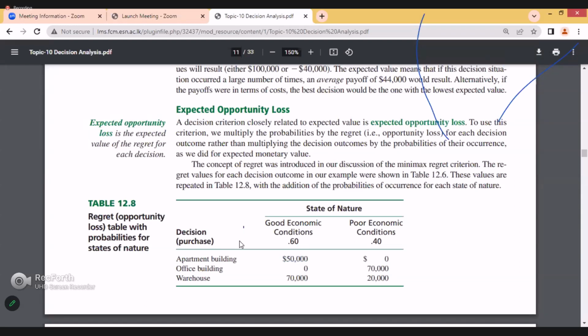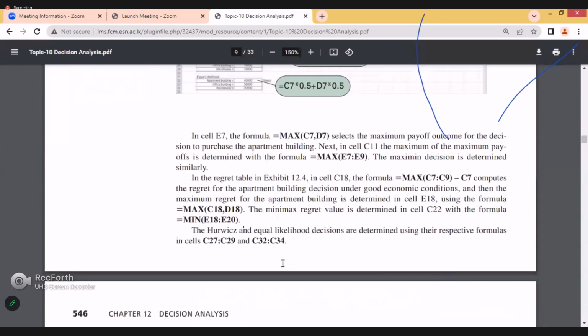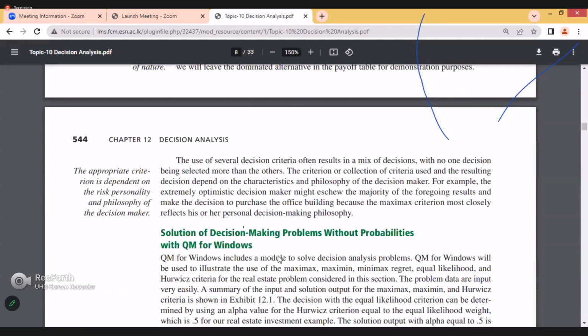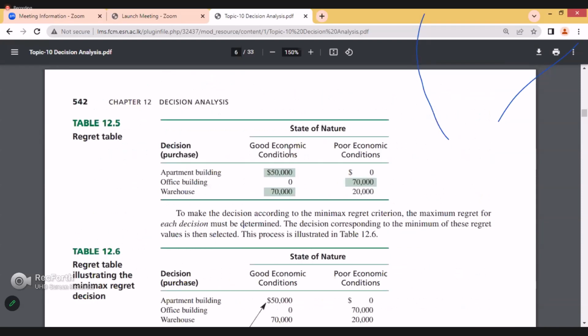That's why it's called opportunity loss. So here you see the opportunity loss. It's the same as the regular table. Yes, no? The maximum one is 0.70.